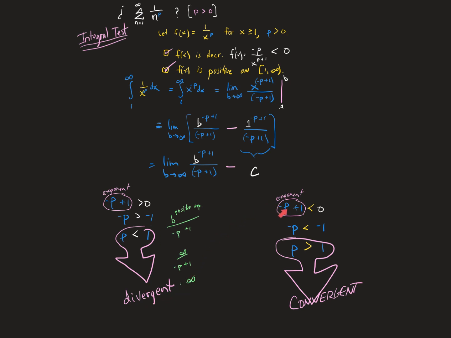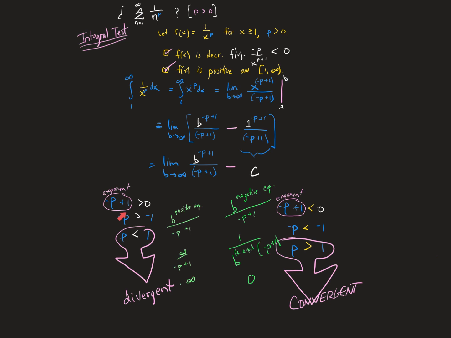On the other hand, when the exponent is less than 0 or negative, so if b is to a negative exponent, it will be b to the positive exponent on the bottom. And as b is approaching infinity, we have 1 over something approaching infinity, which is basically 0, which means that our definite integral in that case is converging. And that would mean our entire series is converging.